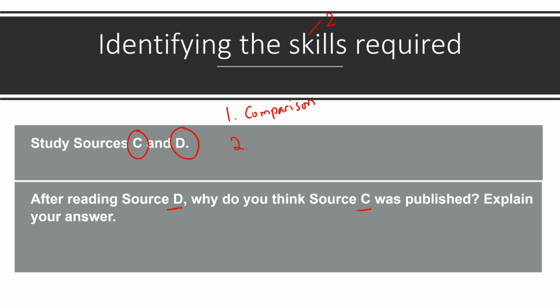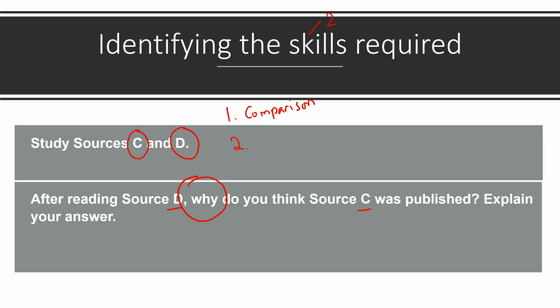How about the second skill set? To derive it, we will pay attention to a keyword in this particular question. I'm going to give you about 5 to 10 seconds just to look at the question again. Can you spot a keyword that has surfaced before, when you first started SPQ? Good. The first keyword that's flashing out to you is the word why.